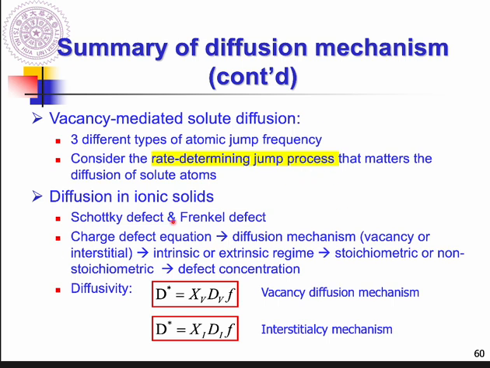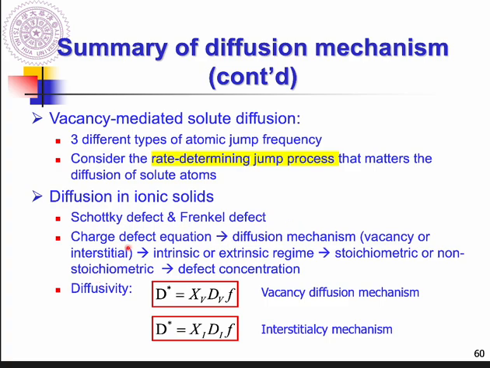Okay, and the last part is diffusion in ionic solid materials through vacancy-mediated diffusion. So we have two vacancy formation mechanisms. One is Schottky and the other one is Frenkel.